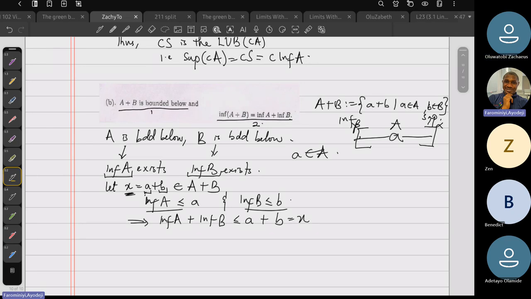It is X. What does that tell us? Let me rewrite it: the infimum of A plus the infimum of B is less than or equal to X for all X in A plus B. What does that tell us about A plus B?